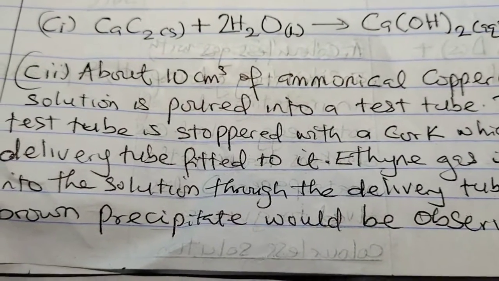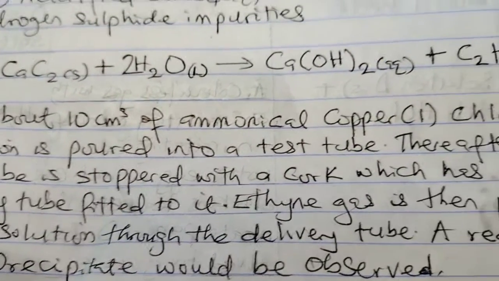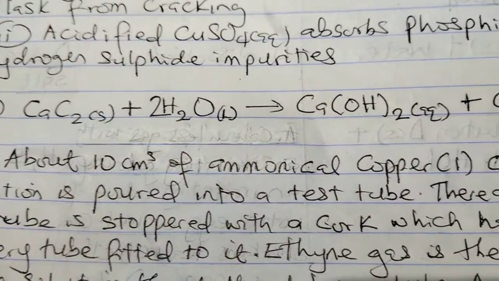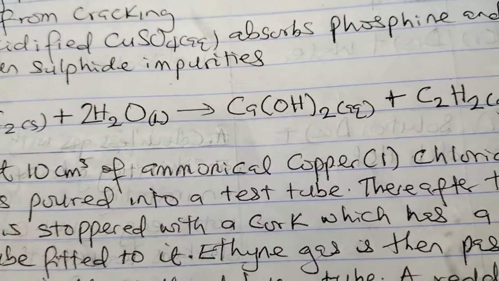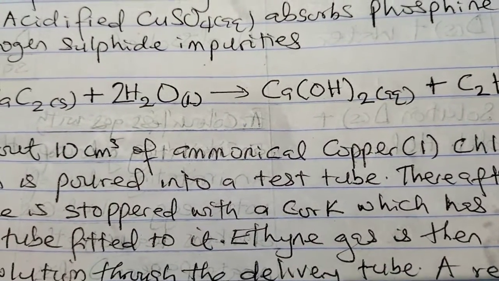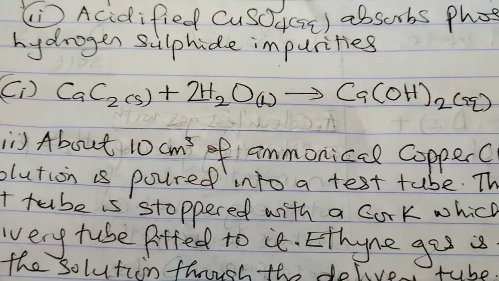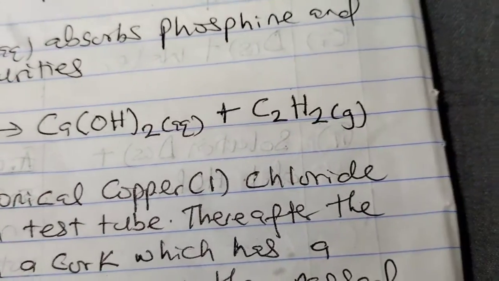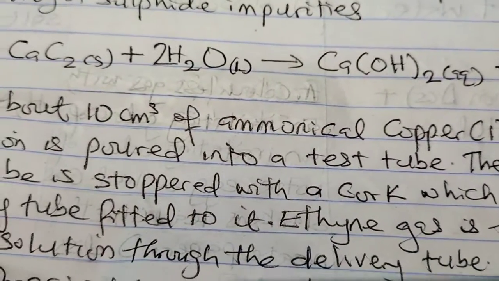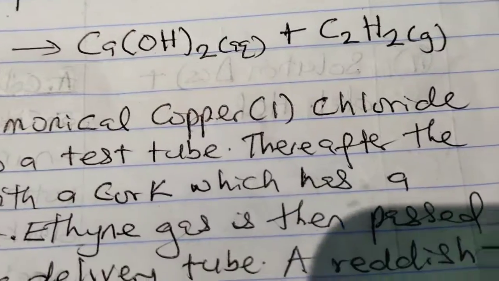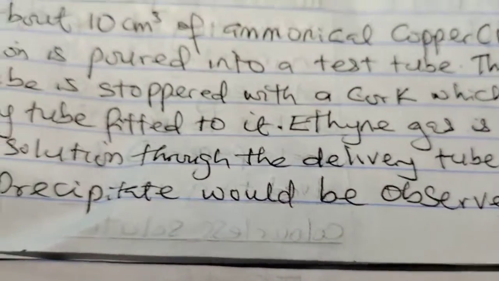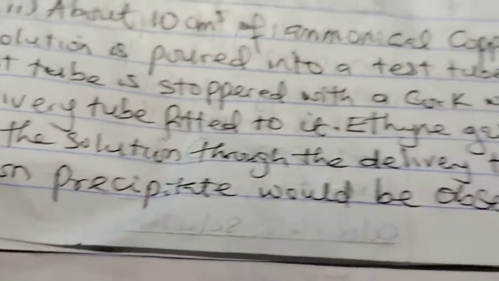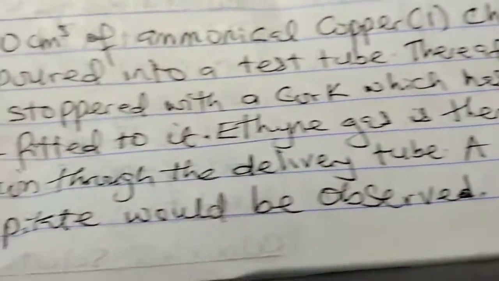So somebody may ask, must I use ammoniacal copper(I) chloride solution? Can't I use another solution? Yes, you can still use ammoniacal silver nitrate solution. The same statement which I made here, you now replace ammoniacal copper(I) chloride with ammoniacal silver nitrate solution. Then, where we had reddish brown precipitate, you now write a whitish yellow precipitate.